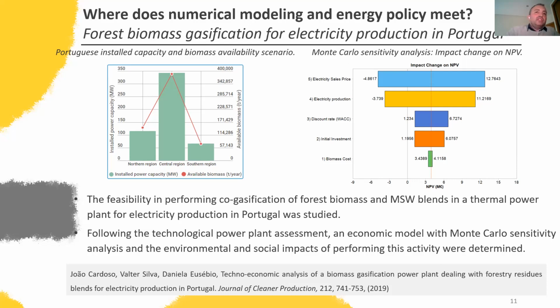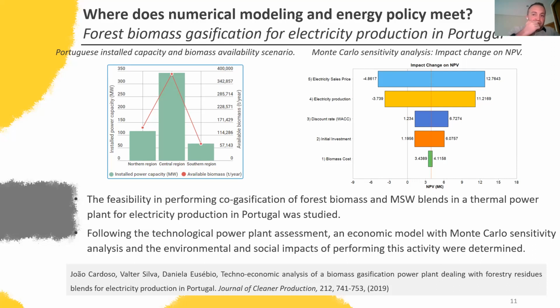And what we discovered is that it was not a good solution, because we do not have enough biomass to feed a continuous operation in such a facility. So the best solution was to have different small facilities scattered along Portugal where we could supply enough biomass to each of them for normal operation.